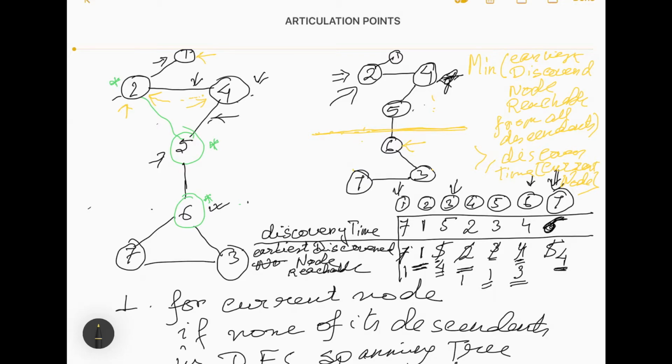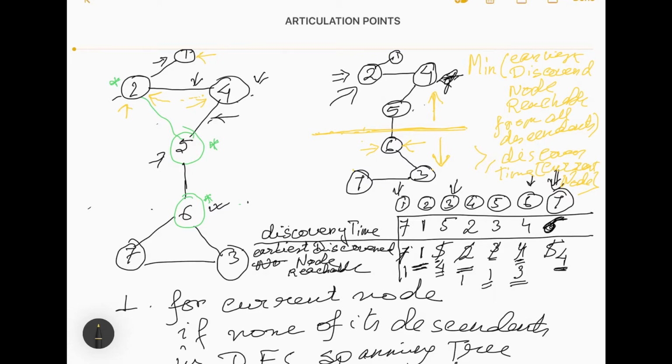Say if the current node is 6, we can divide the DFS spanning tree into two parts by removing the current node. Now we get two parts here. This part is the ancestor part, and this part is the descendant part.